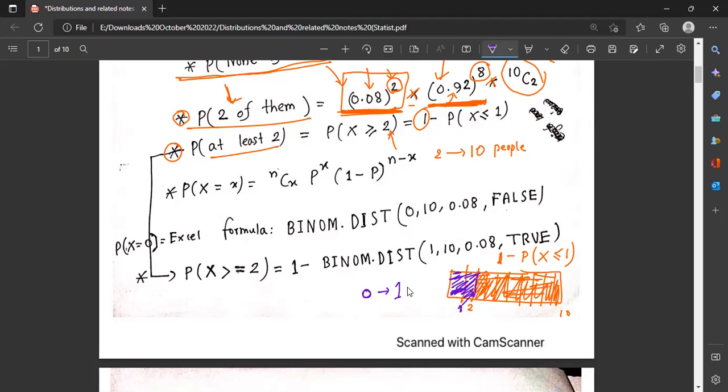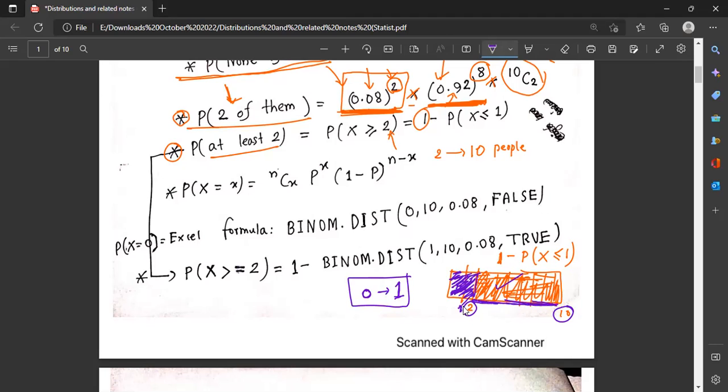None of them can be colorblind, or only one person can be colorblind. So this blue part here is the probability of being colorblind, either 0 or 1. And this red part here, from 2 up to 10, is the probability that at least 2 of them are colorblind.